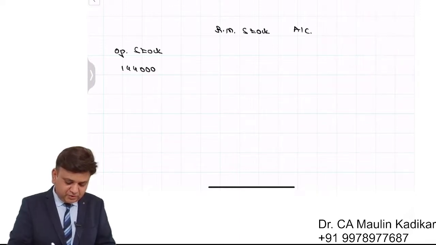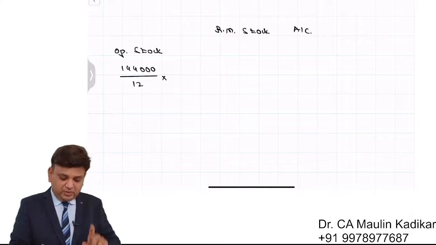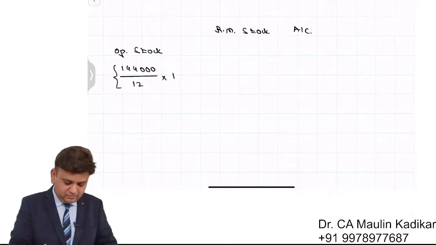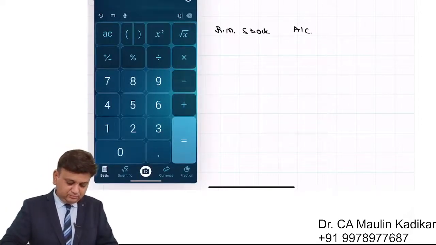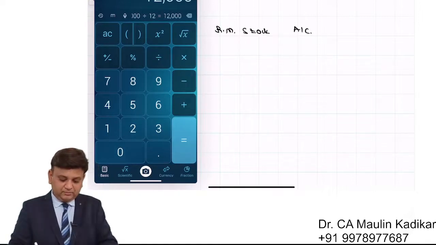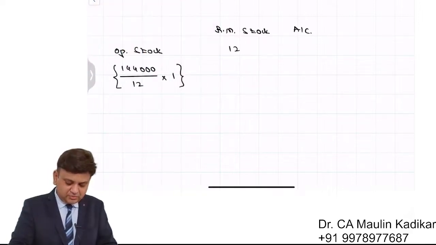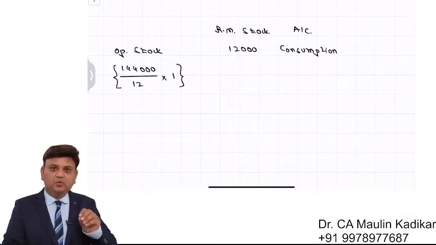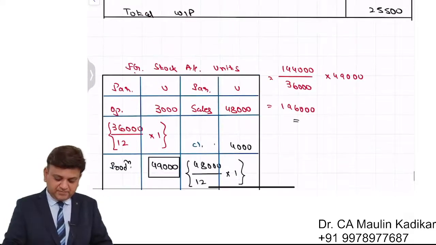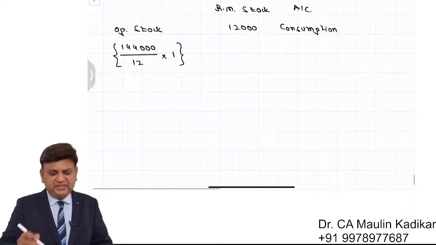So 1,44,000 divided by 12 into 1 month, because the raw material holding period is 1 month. So 1,44,000 upon 12 comes to 12,000. On the credit side, we will have consumption. Consumption is 196 based on this, but let us say we take 192.